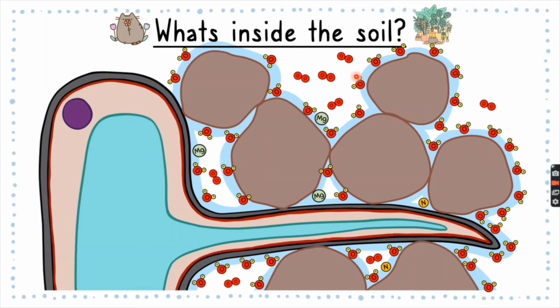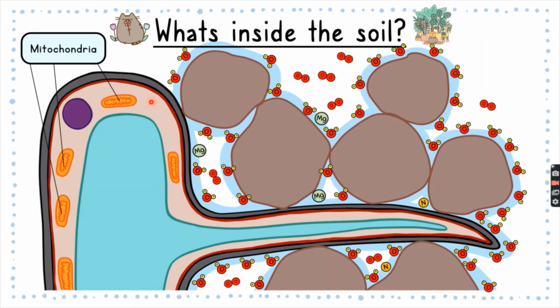Okay, the root hair cell is a living cell. Therefore, all living cells would definitely have these structures right here. If you remember, I always say you draw them like a sausage shape, with sauce in the middle. They are in charge of giving all the cells releasing energy, and so these are called the mitochondria.